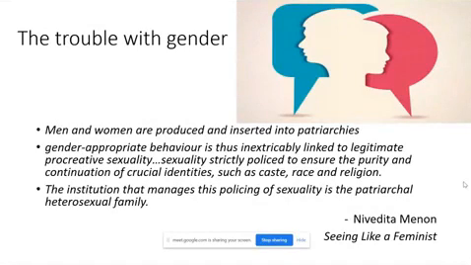Now, Nivedita Menon goes on to say that if gender was indeed a stable category, then there would be no anxiety surrounding it. Indeed, if it was not a construct, and if gender was really natural and innate, then why the anxiety to reinforce the performance on an everyday, every minute basis?